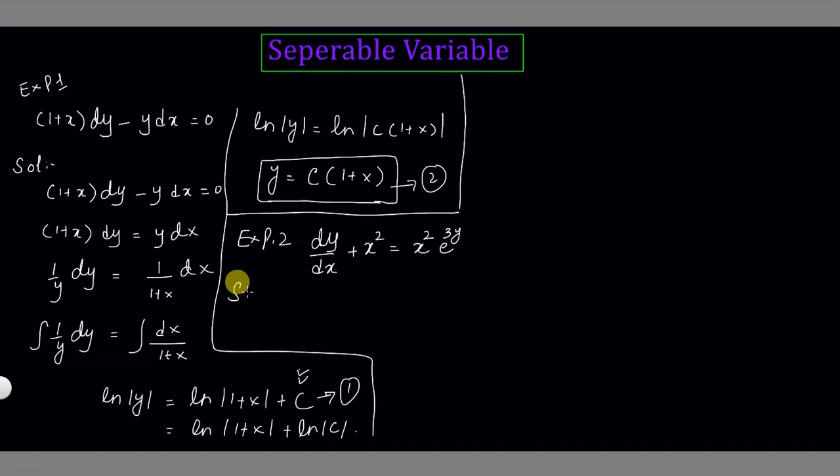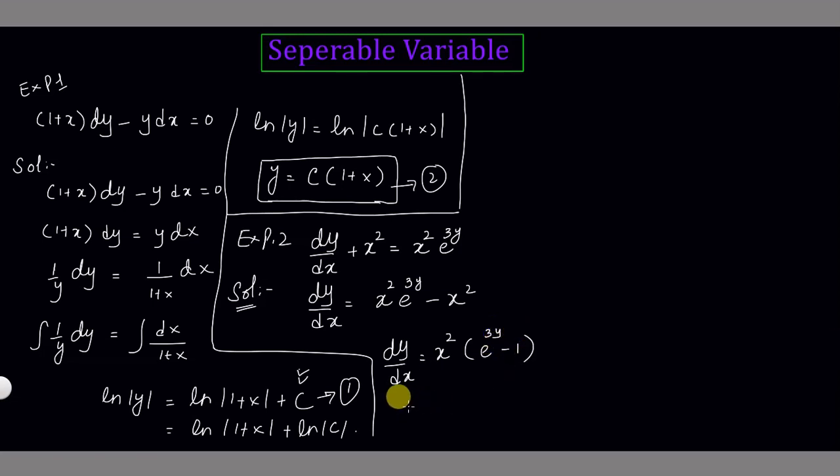Okay, let's start. First of all, just take this x square common, and what we have left is e raised to the power 3y minus 1.